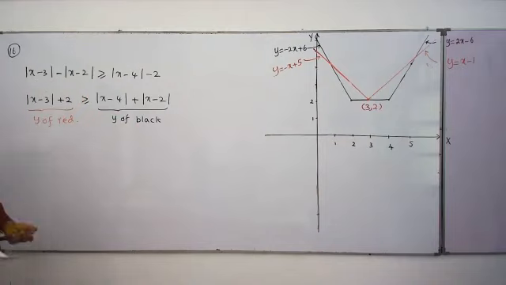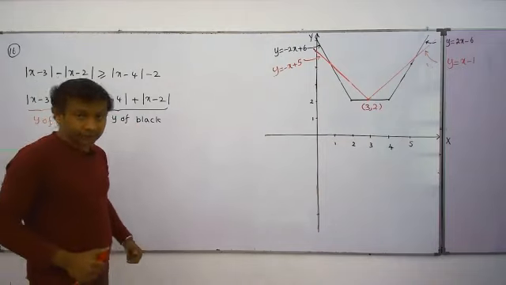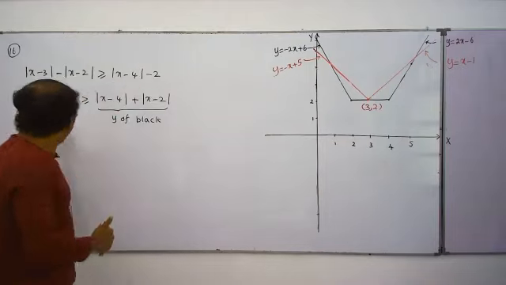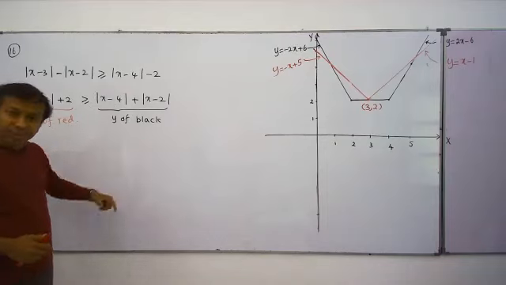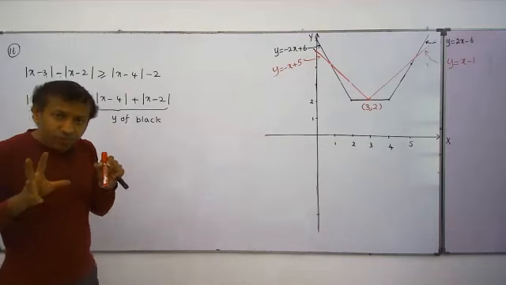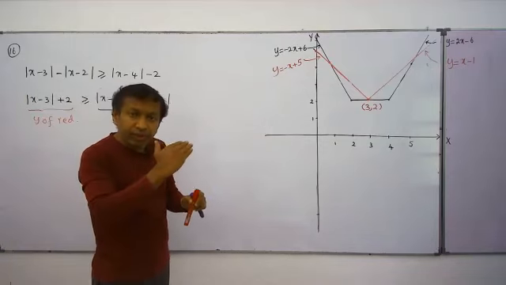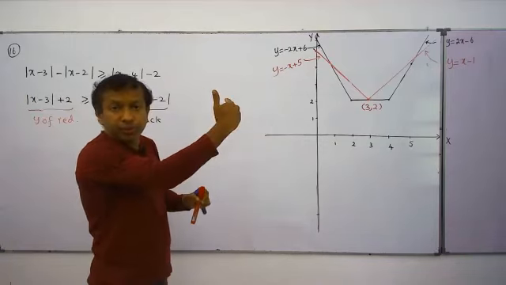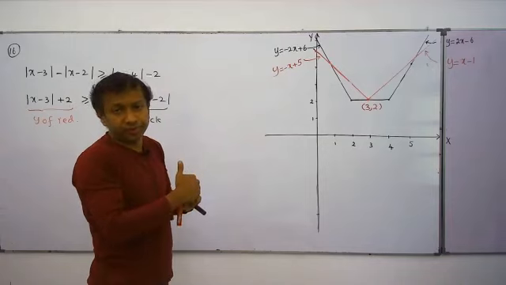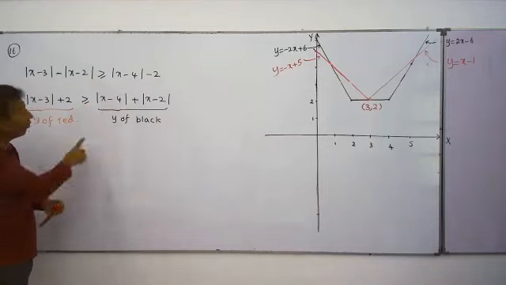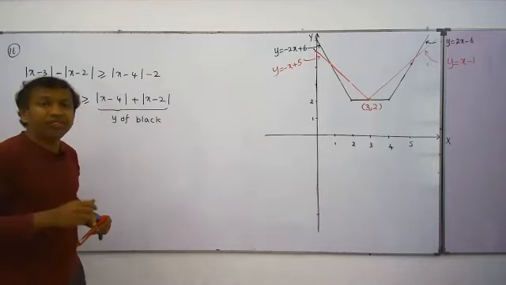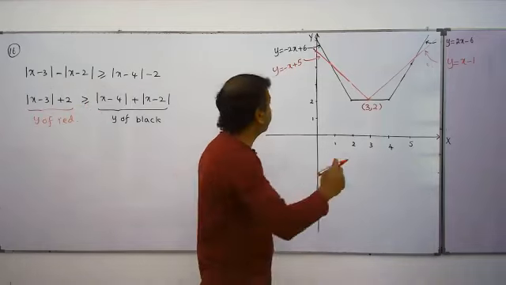Now, people, what is asked? The asked thing is y of red greater than y of black. What is that, people? The interval of x where the red graph is above the black one, or equal to the black one, because the equal sign is also here. No? You can see, people, it happens here.